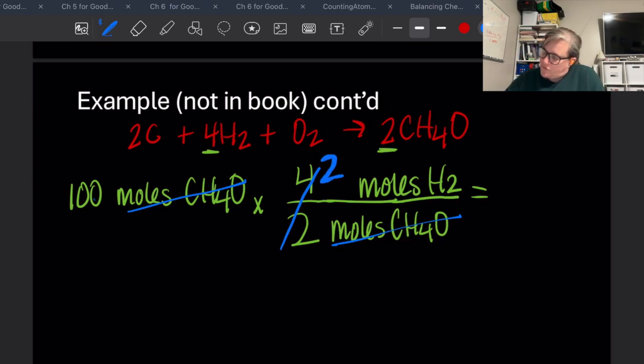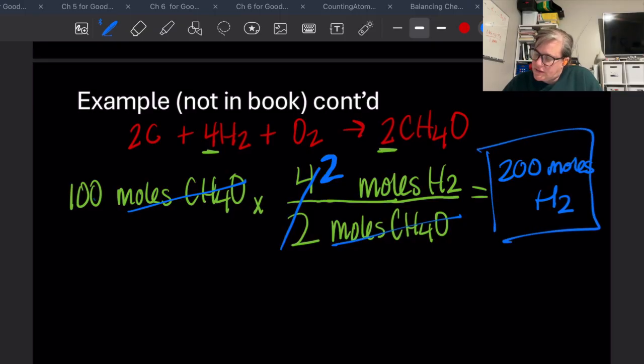So 100 times 2, we're going to have 200 moles of H2 that we need to react in order to get 100 moles of CH4O. Okay? And that makes sense because the coefficient in our original equation here is 2 for CH4O and 4 for H2. Okay? And so we need twice as much H2 as we're going to get CH4O.